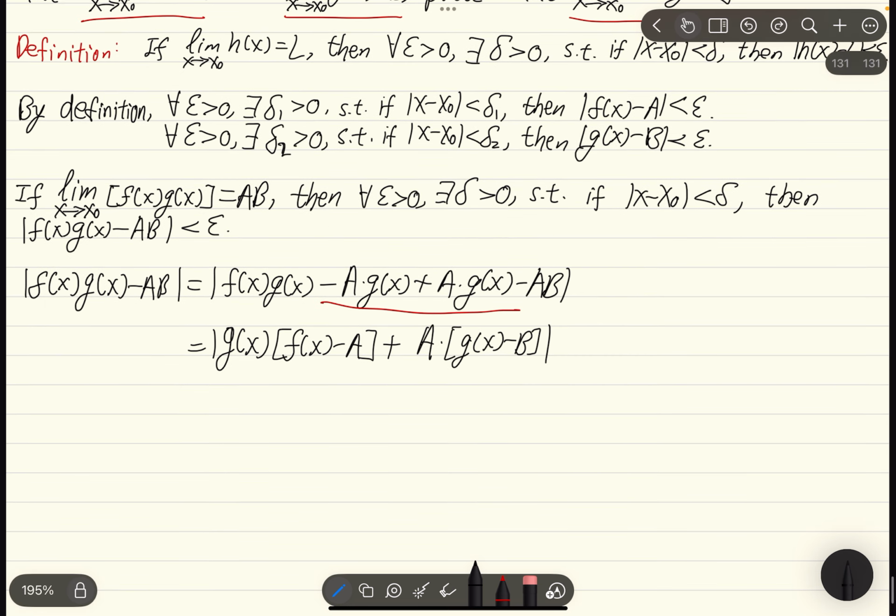So now we have what we want, or at least we're not stuck in the same phase. What we can do now is, how do we make sure this is less than epsilon, right?